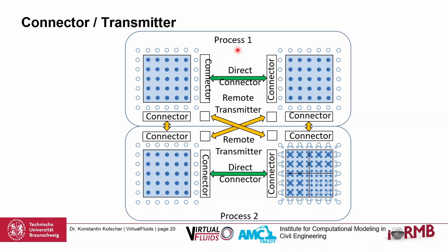In our case, we use MPI, but it can be another communication framework, because this connector transmitter concept has very nice properties. You can use it not only with MPI, you can use it with other communication frameworks, because it is independent.